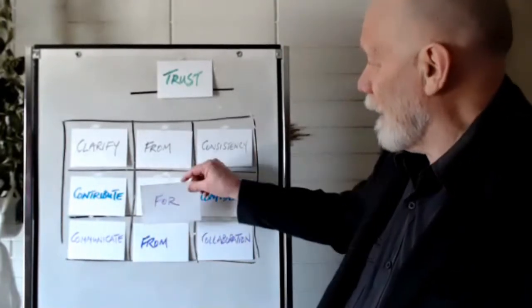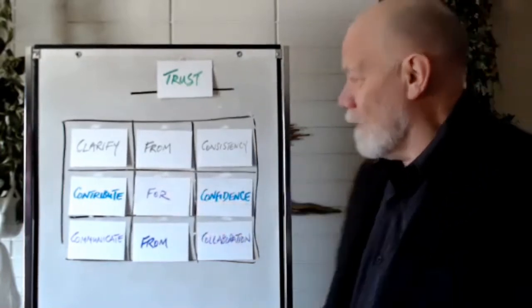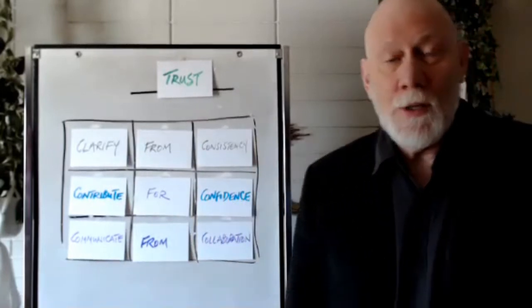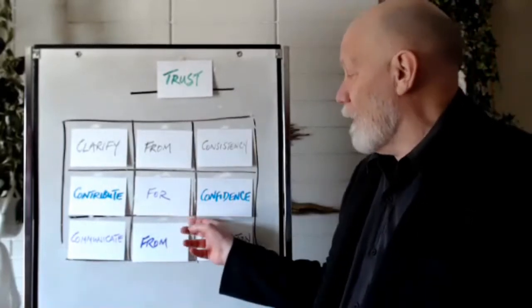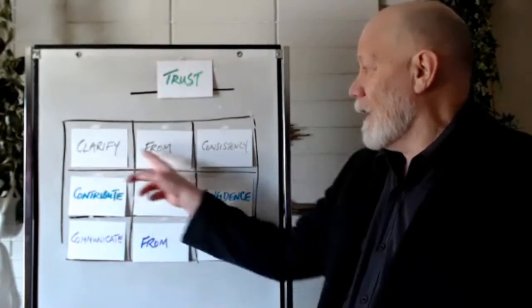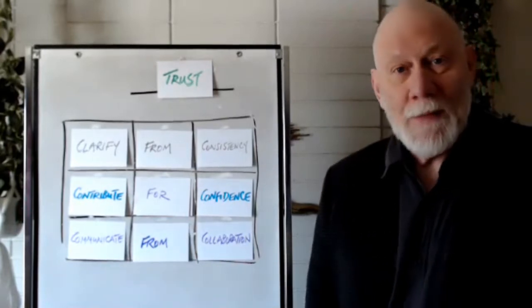What also becomes important here is that if from isn't always going to work, you can do something like contribute for confidence, and run this sequence through and see what happens. You could take for and put it here, or put it there: clarify for consistency, communicate for collaboration.